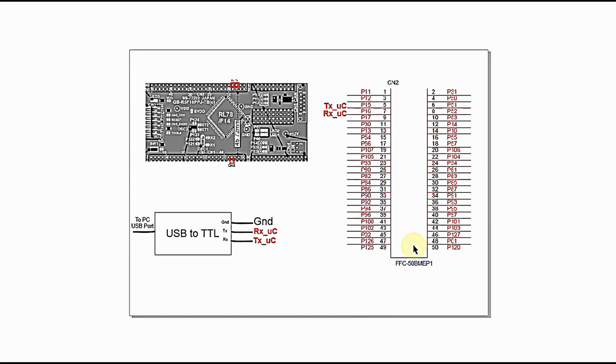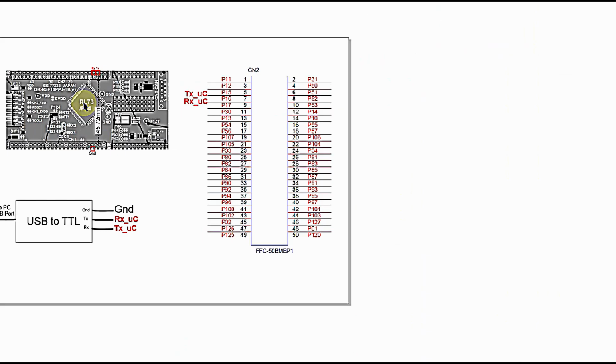So now let us try to understand the schematic diagram that we are going to build with the help of this Renesas RL78 G14 series development board and the USB to TTL converter for testing the UART transmission and reception.